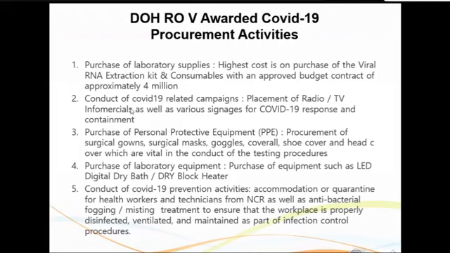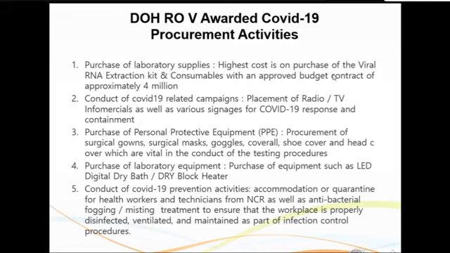Samples of activities for each of the identified groupings or categories are as follows. For laboratory supplies, the highest cost is on the purchase of the viral RNA extraction kit and consumables. For COVID-19 related campaigns, it is the placement of radio or TV infomercials, as well as various signages for COVID-19.